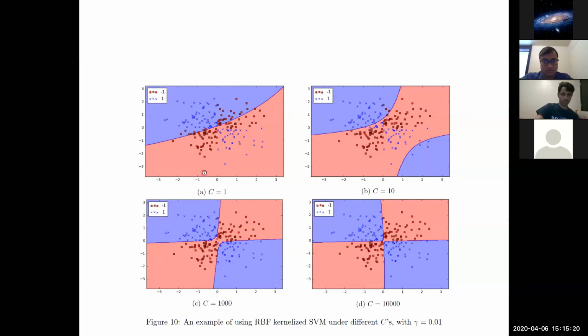When C is greater and greater, what happened? That means the model is more and more sensitive to a large penalty, to a large relaxation. In other words, when C is bigger and bigger, the relaxation items will be smaller and smaller. I would allow less and less relaxation.